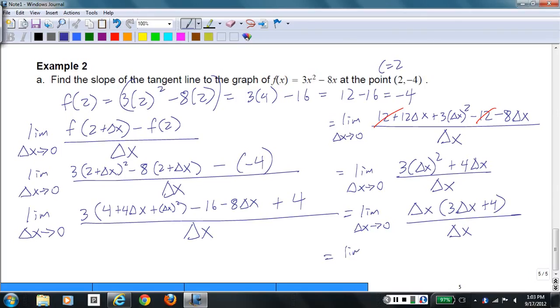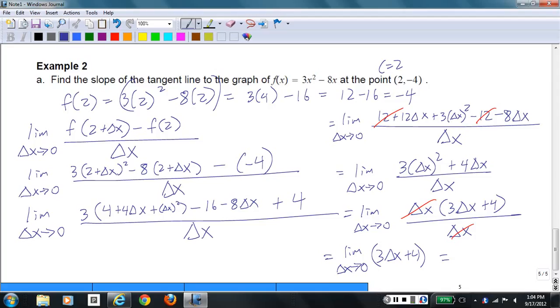So this equals the limit as delta x approaches 0. Divide out those delta x's, and we have 3 delta x plus 4. Finally, the denominator is no longer going to 0, so we can evaluate this by direct substitution.